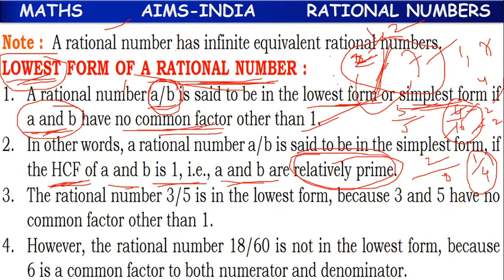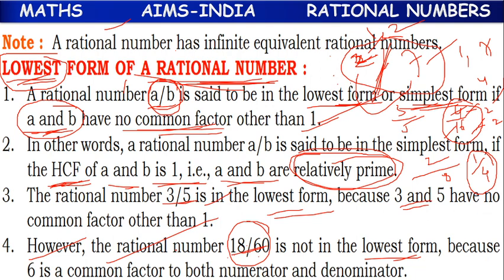Like that, in many ways we can tell. So 3 by 5 is in lowest form because 3 and 5 have no common factor other than 1. But 18 by 60 is not in lowest form because both of them are divisible by 6. 6 is a common factor.